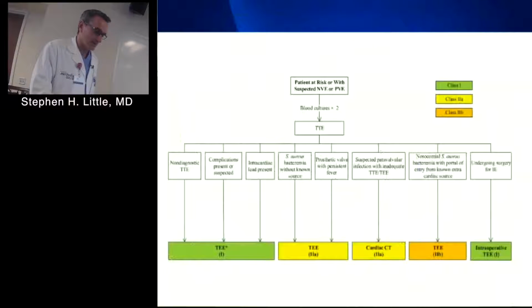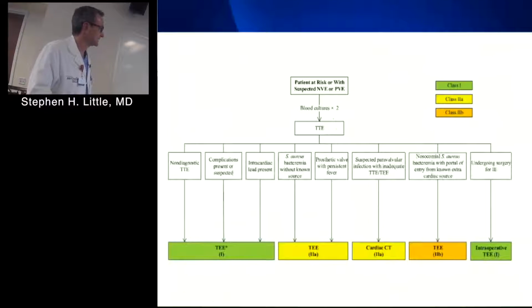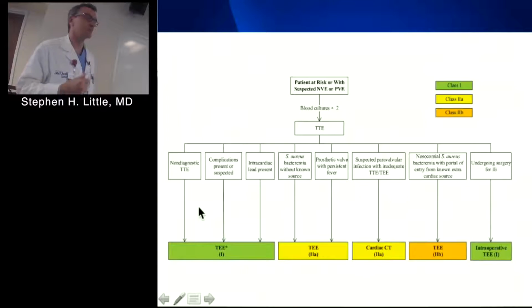So this takes you through it: you suspect endocarditis, they've had a transthoracic, which is our model, everybody gets the transthoracic. The bigger issue is when it's appropriate to proceed with a TEE. If it's a non-diagnostic transthoracic, sure. If you really have a high clinical suspicion, we do that. If there are clearly complications present, and I mentioned what those are. If there's hardware like a lead, yes.